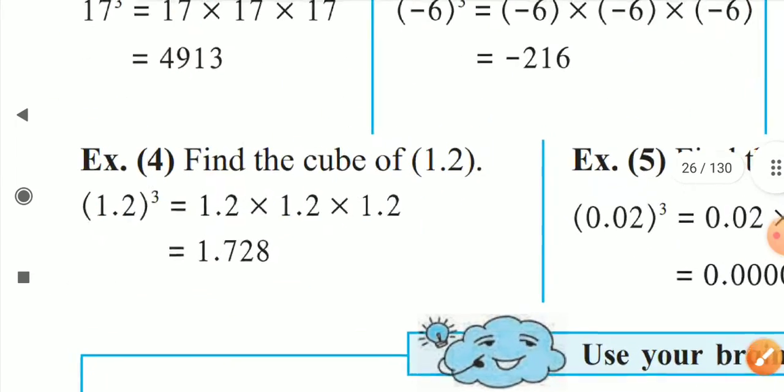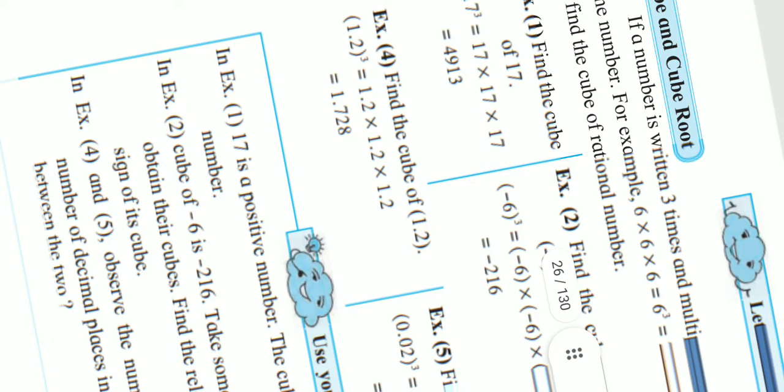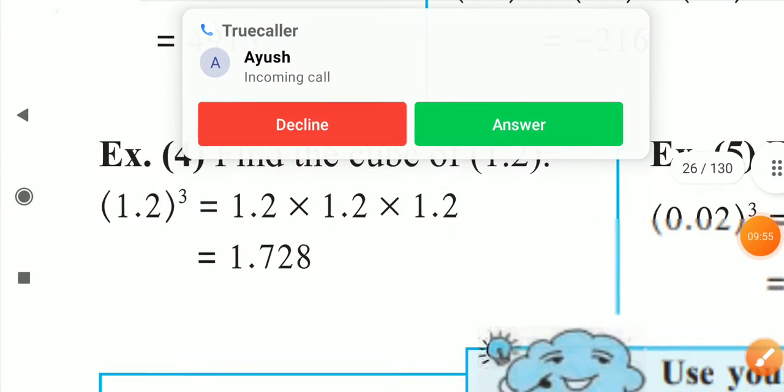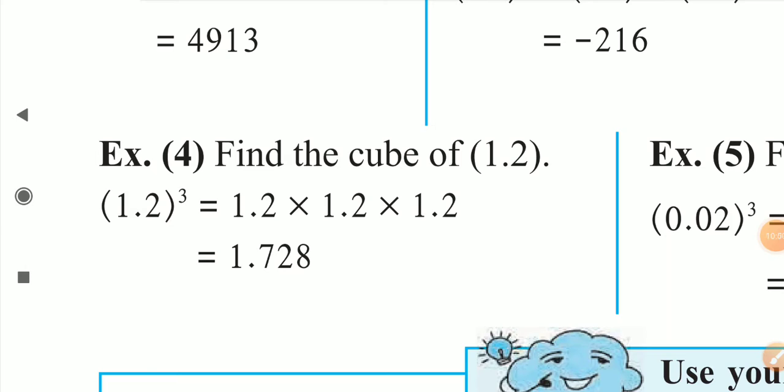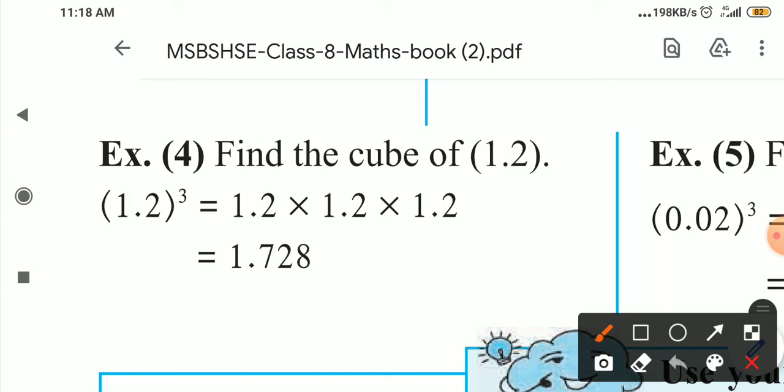The next example: we have to find the cube of 1.2.